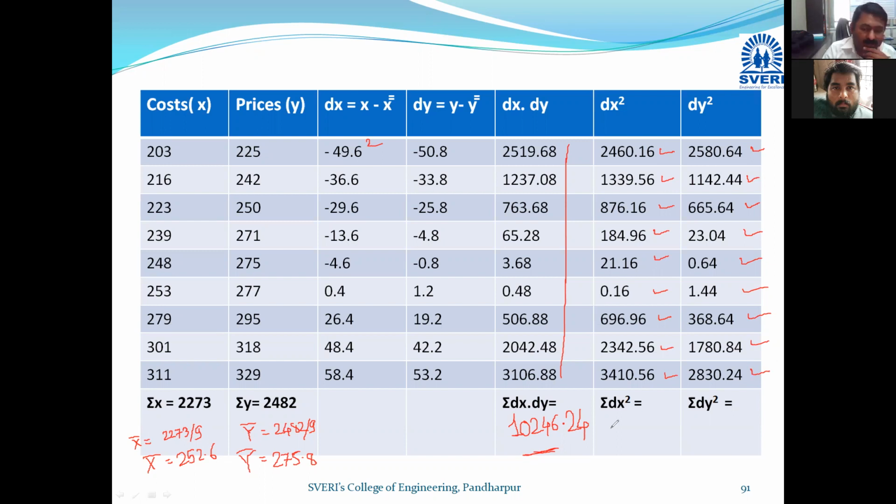So the summation of dx square gives one value, and the summation of dy square gives another value. Then we can proceed to the last step of this calculation, the coefficient of correlation.